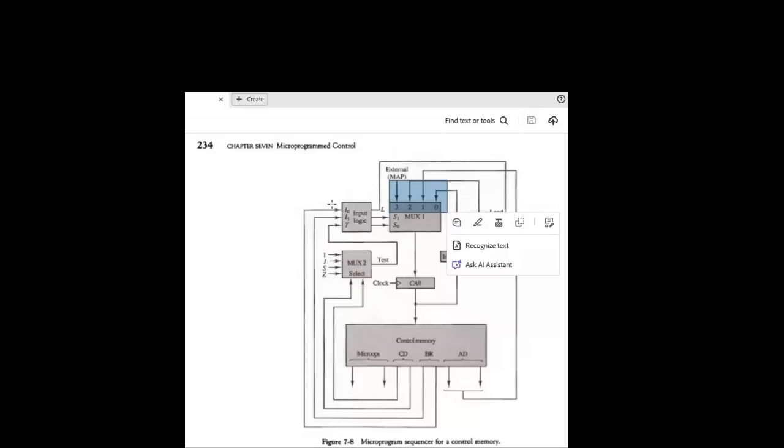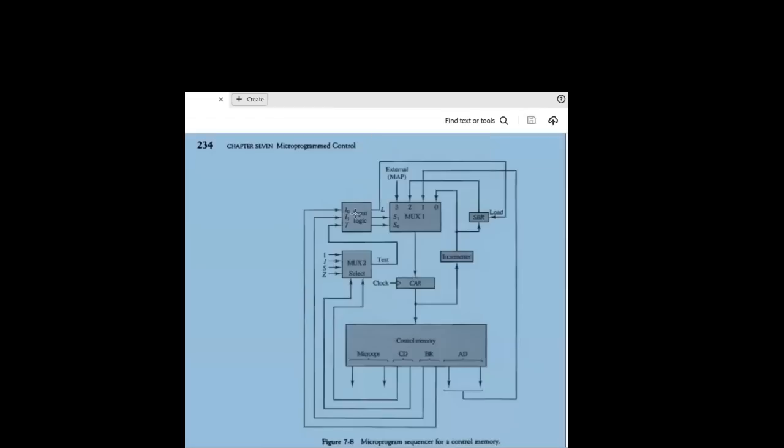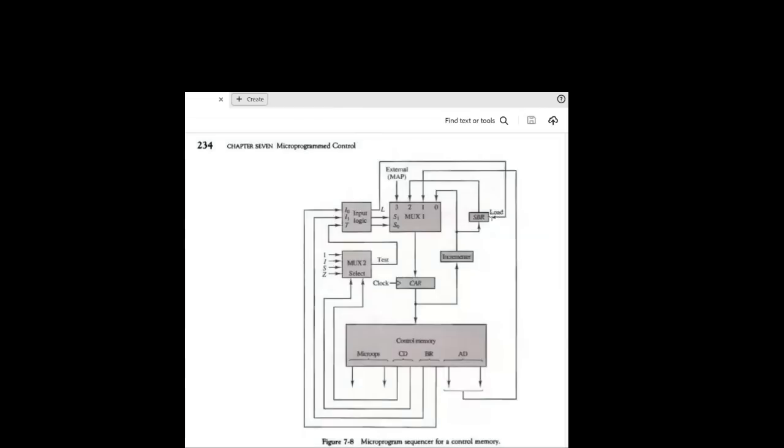Apart from this, these branch instructions, BR values and T will also decide whether to load the value of SBR or not. When should this SBR be loaded? SBR should be loaded only when the value of BR is return. Okay, return means what? The value of BR should be 1 0.